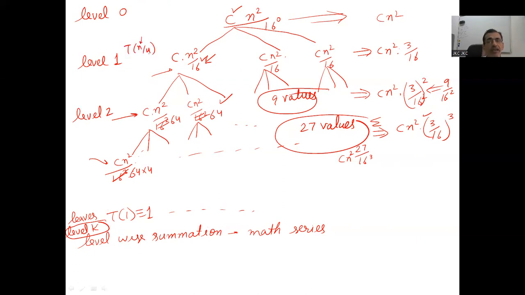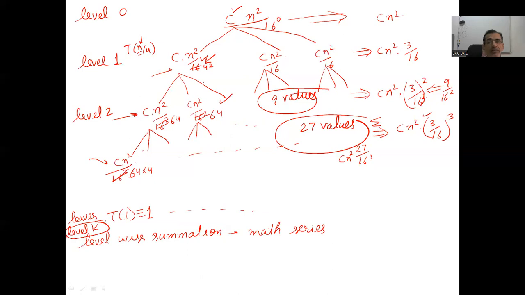So n came here as n by 4, so n is replaced correspondingly. I go for the corresponding value as n by 4. This became 4 squared, 16. Effectively n was replaced as n by 4, and next time n by 4 will mean further n by 16.